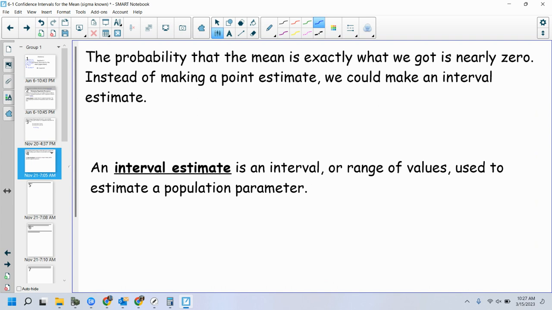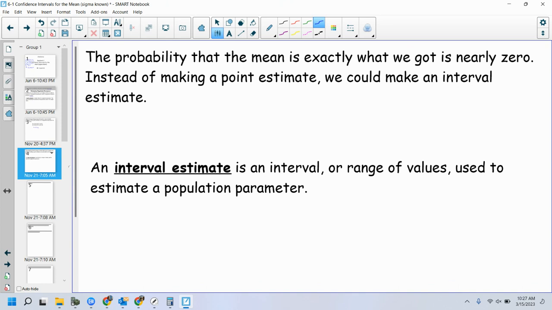So I'm changing it from just one single number, where the probability of that actually happening is quite small, to having an interval, which raises the probability that my true population mean is somewhere in there, right? And the wider I make that interval, the higher the probability that mean falls in that range. So an interval estimate is an interval or range of values used to estimate the population parameter.